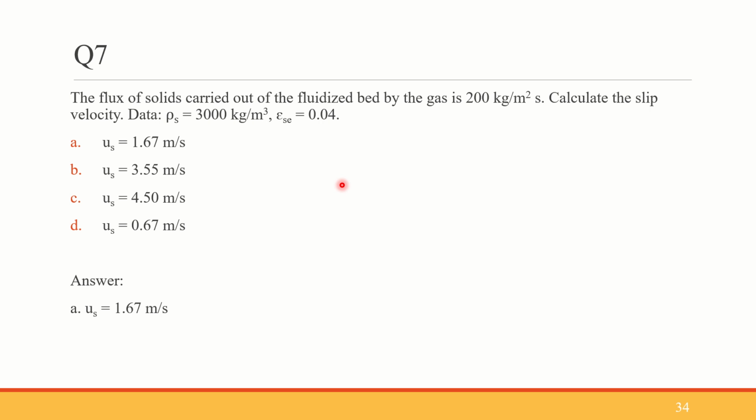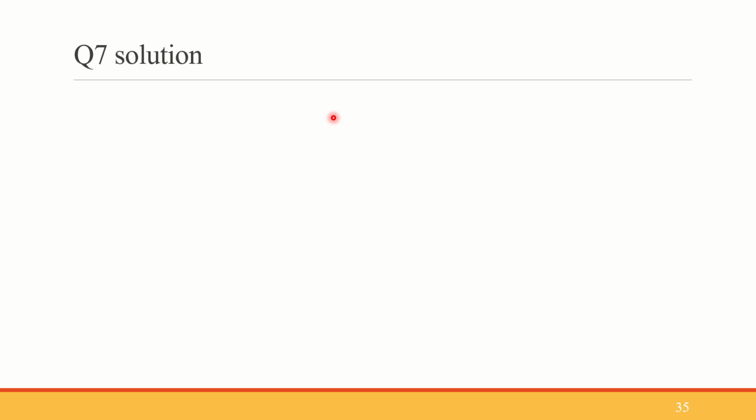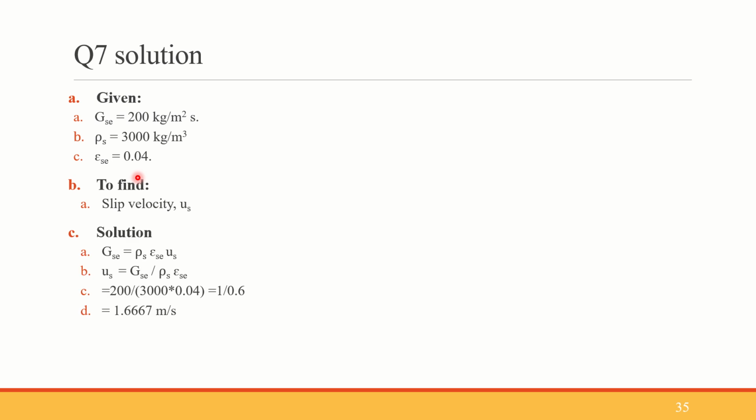Given the density of solids, 3000 kg per meter cube, and the solid fraction epsilon SE, 0.04. For the solution, GSE is equal to rho S into epsilon SE into US, and US is equal to GSE divided by rho S into epsilon SE.